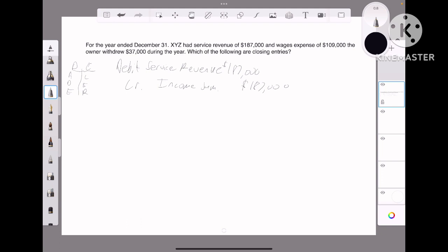Wages expense, $109,000. So to close this one, it's an expense, so we'll have to credit it since we want to close the account.